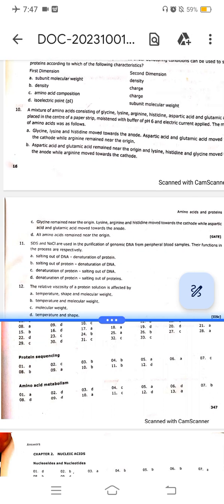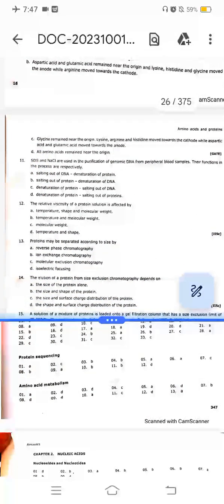I'm sorry, it's 10. Correct answer is B. Aspartic acid and glutamic acid remained near the origin, and lysine, histidine, and glycine moved to the anode, while arginine moved towards the cathode. The next 11th question.